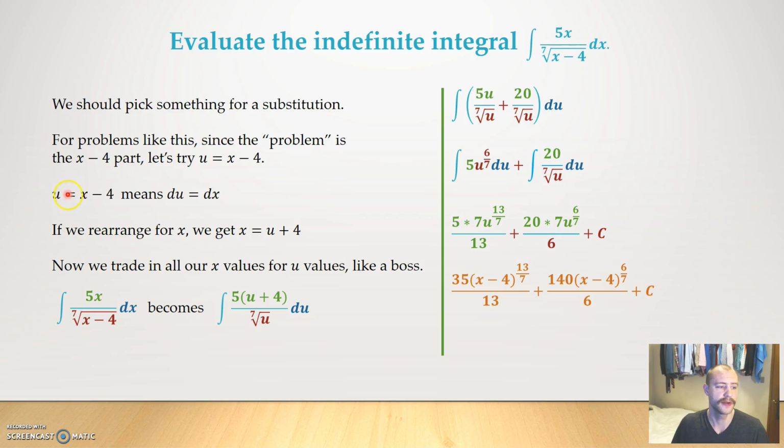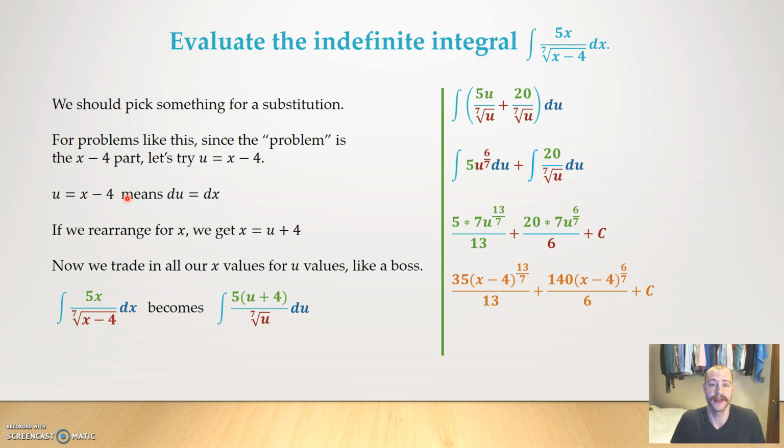So if u equals x minus 4, that means du equals dx. How did I get that? Well, these things increase at the same rate. If I look at the rate of change of u and the rate of change of x minus 4, they increase at exactly the same rate. Really what you're doing is taking the derivative of the whole thing, and the derivative of the negative 4 is just 0, and you get du equals dx.